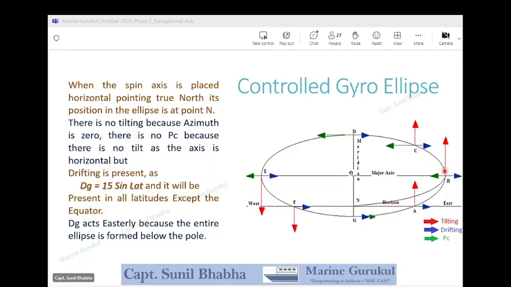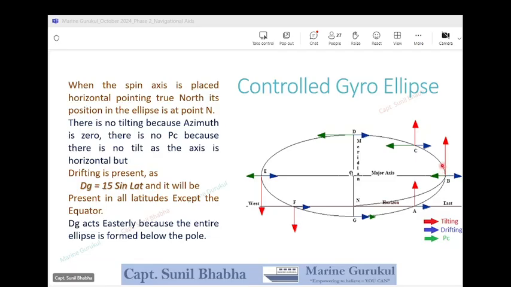If the tilt increases, control precession is going to become more powerful and it is going to overpower the drifting vector. When the control precession becomes more powerful, it tries to bring back the spin axis towards the meridian. We have a westerly control precession, so it takes the spin axis in the westerly direction towards the meridian.